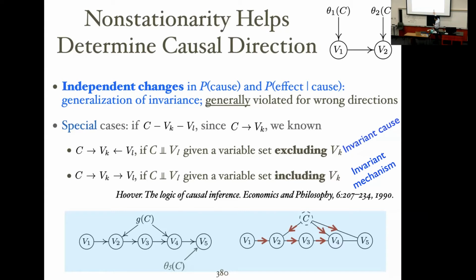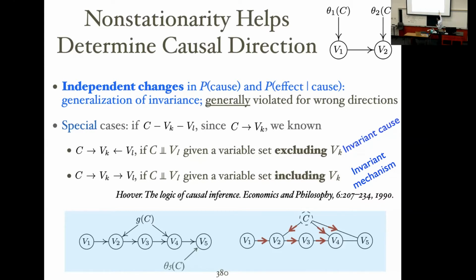And furthermore, from this graph, you know, although V3 changes, the conditional distribution of V3 given V2 is invariant. Okay, so all those things can be discovered from data. But the conditional distribution of V5 given V4 also changes.